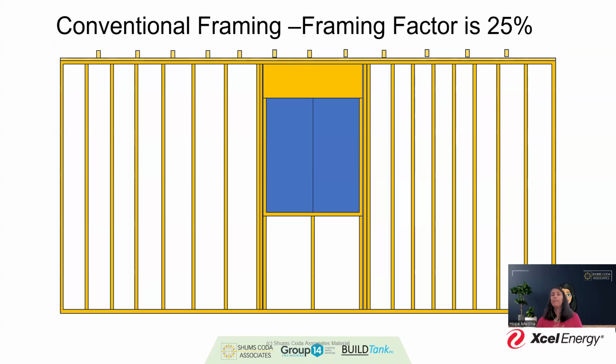And so framing factors for conventional, like I said, is about 25. If you were to do light frame construction, you're looking at a framing factor of about 16 to 18%. So that's a pretty significant difference about the amount of insulation you get for light frame construction and what is considered the conventional frame construction of the 25%.